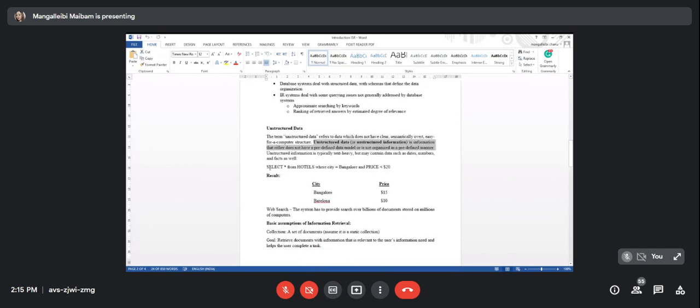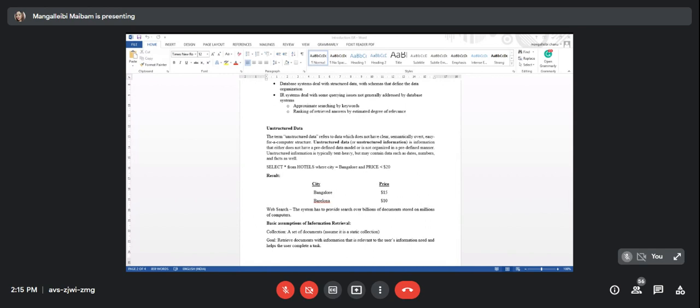You can see here one query is given for information retrieval. We are going to retrieve some information from a data source, from some resources, using this query. The query is: select star from hotels where city equal to Bangalore and price less than $20.